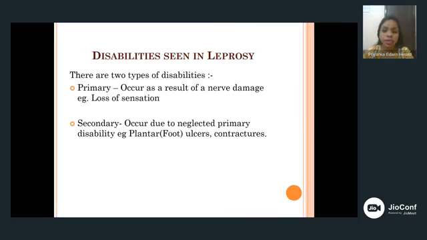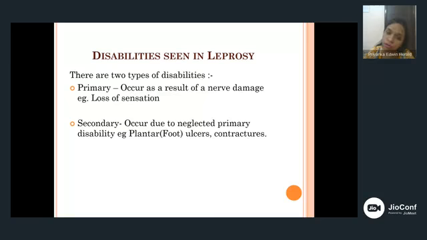Leprosy involves two types of major disability, primary and secondary. What are the primary disabilities? As we now know, leprosy involves the skin and the peripheral nerve. So anything caused by damage of the nerve comes under primary. So primary occurs as a result of nerve damage, for example, loss of sensation.